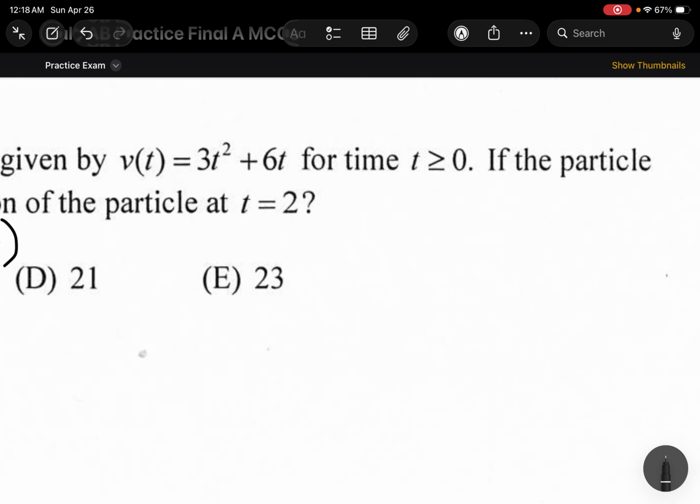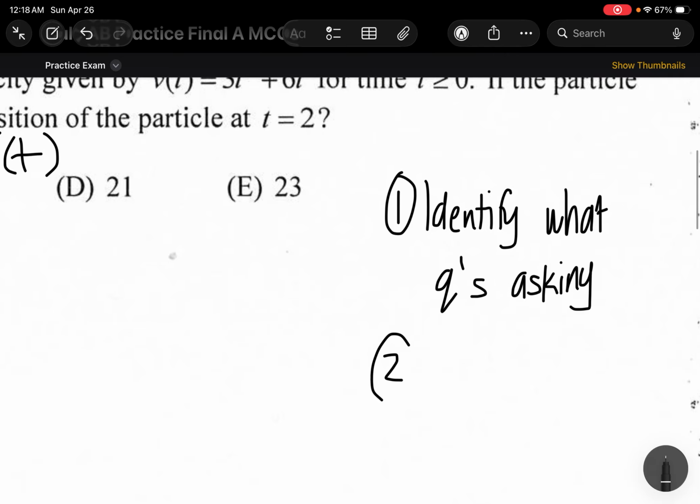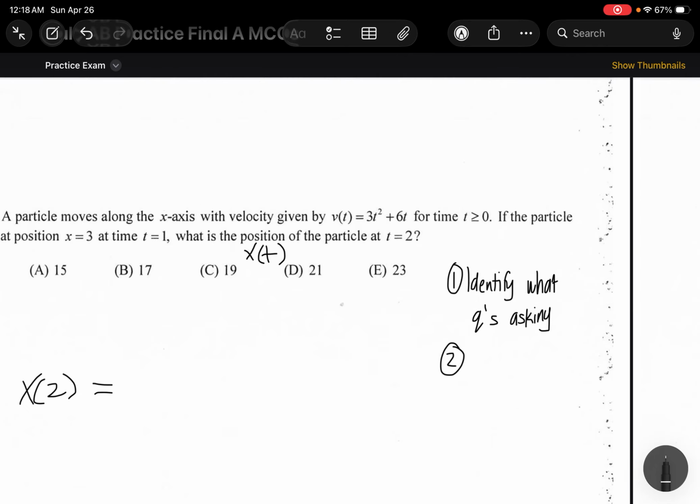So what I'd like to do first is identify what the question is asking for. And then 2, you're going to identify the formula or the setup.